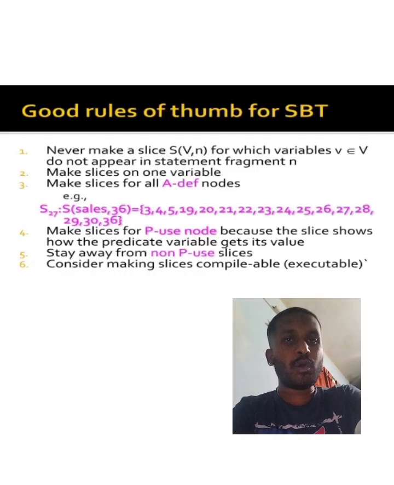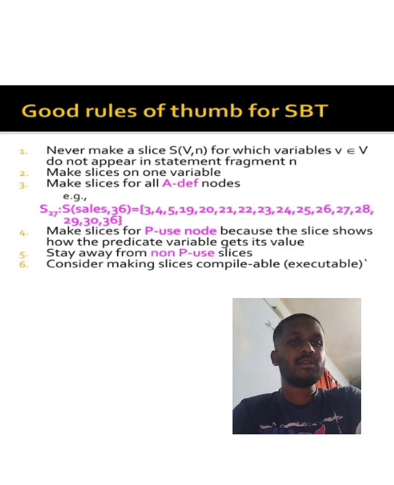Good rules of thumb for slice-based testing. Never make a slice S(V, n) for which variable V does not appear in statement fragment n. Make slices on one variable. Make slices for all DEF nodes.